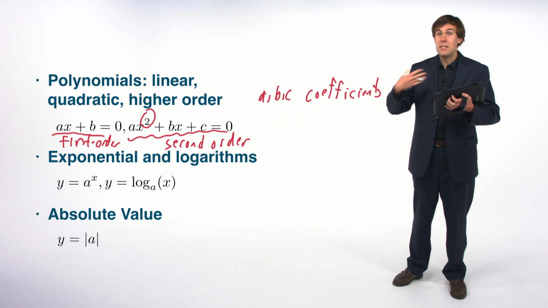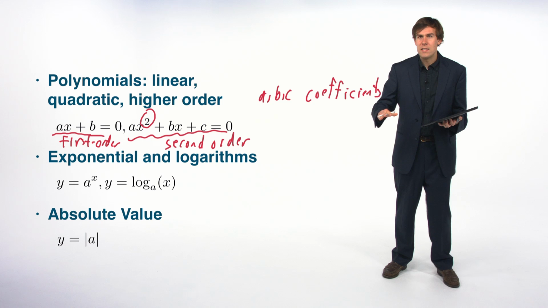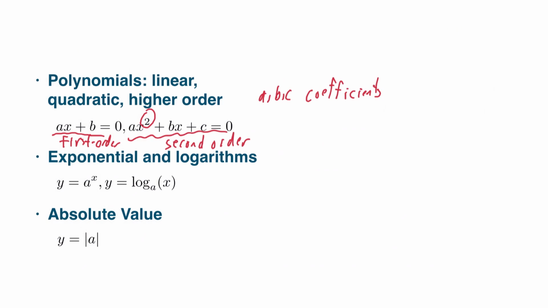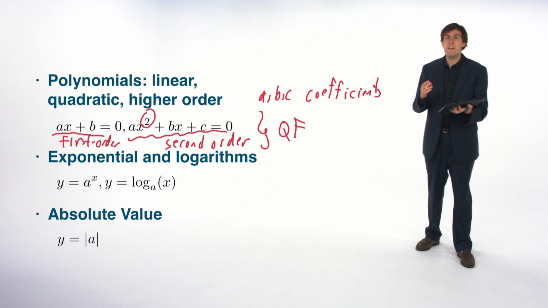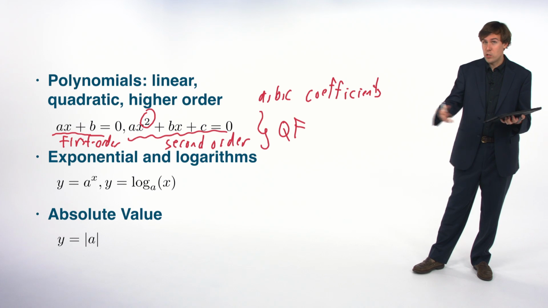And they will typically be defined for a particular problem. And they're not what makes it complicated. It's the powers of x that make things somehow complicated for us. Right? So we will develop something called the quadratic formula for working with second order polynomials that I like to abbreviate as QF.